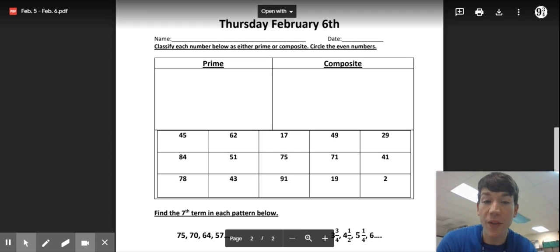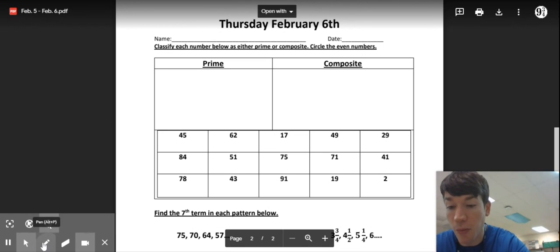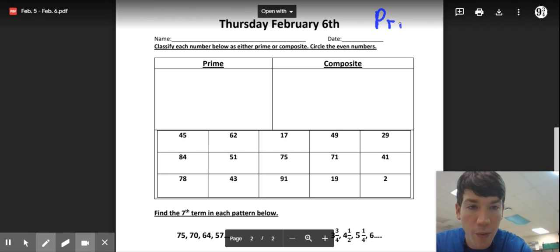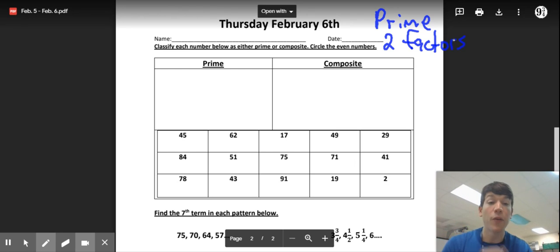Today we're going to be starting off by talking about prime numbers and composite numbers. Before we do so, let's talk a little bit about what each of those are. Remember, prime numbers are numbers that have two factors, and those two factors are always 1 and the number itself.